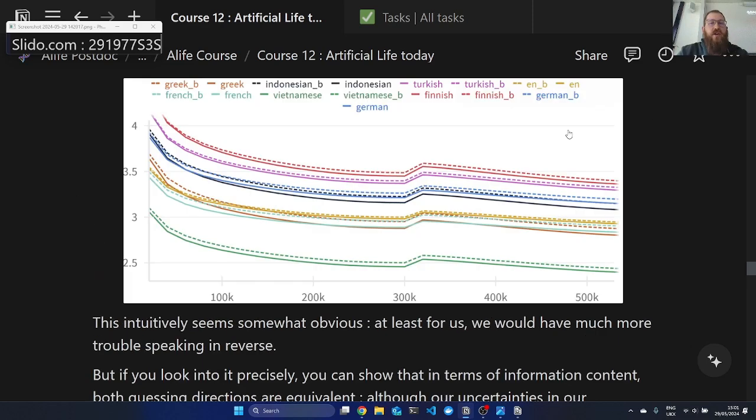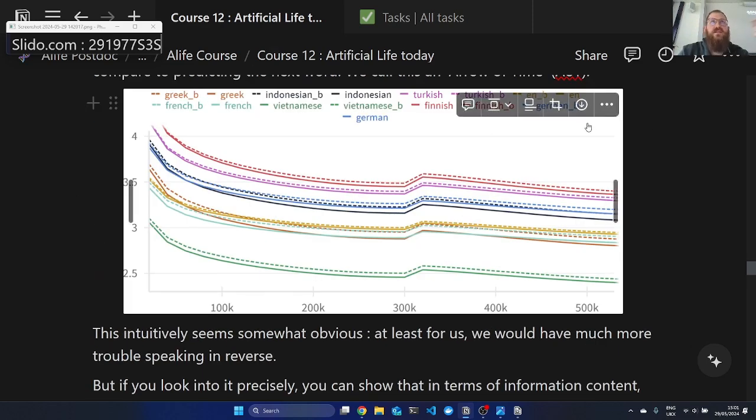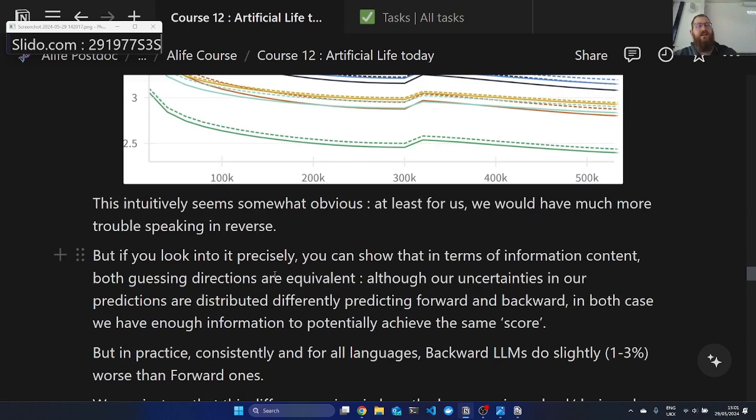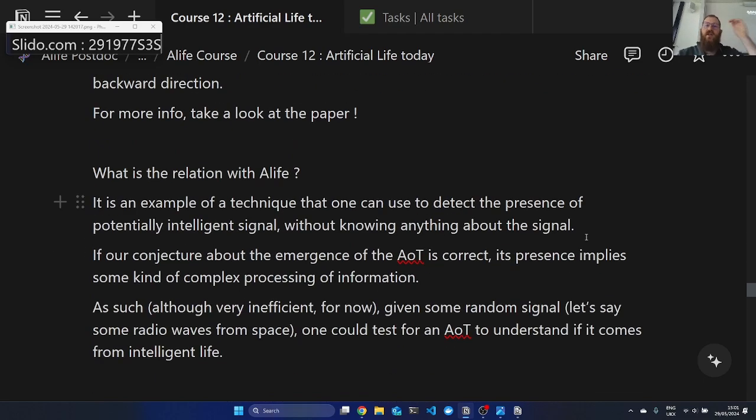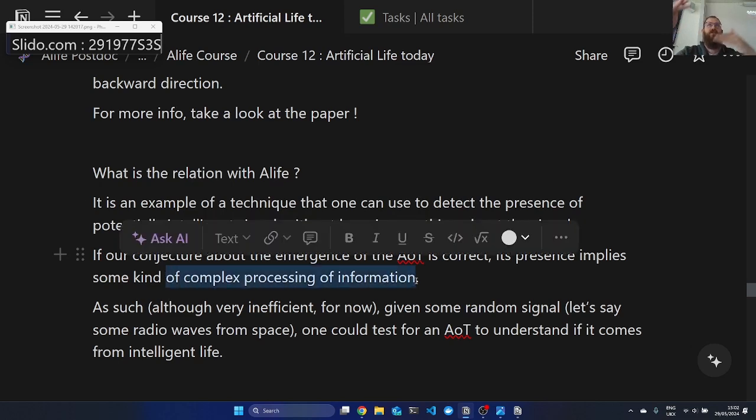If I don't know anything about Vietnamese, but I find this arrow of time that I also find in French and all the other languages, then the existence of an arrow of time implies the existence of some complex processing of information in the signal.